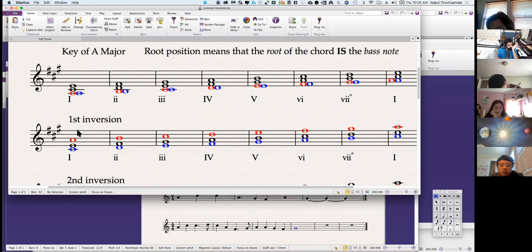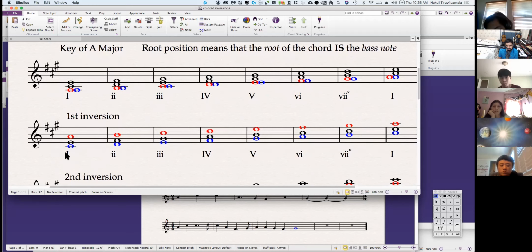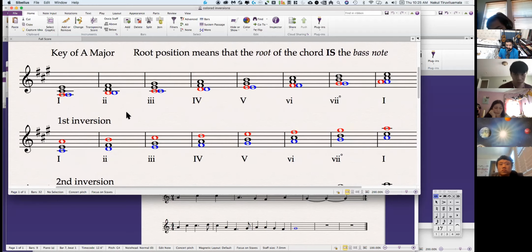Now here's the thing. What do you call this first inversion chord? Remember, if you're trying to figure out inversions, you have to compare the base note of the chord you're trying to analyze against its position in the root position chord.